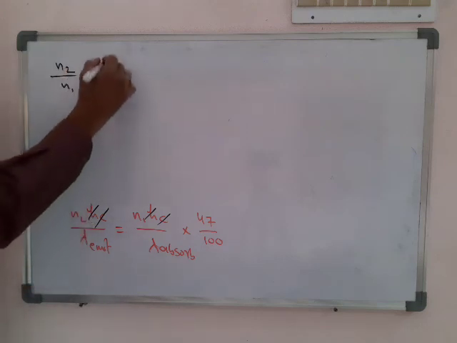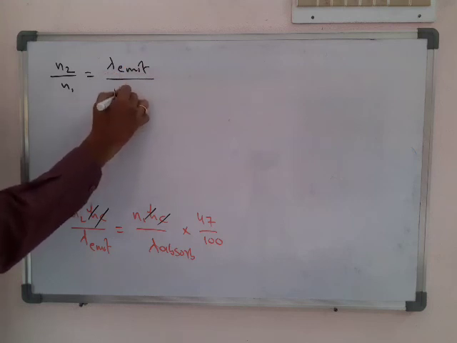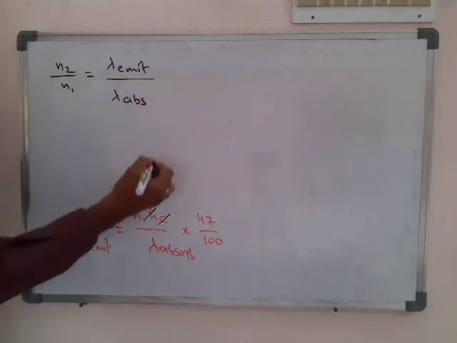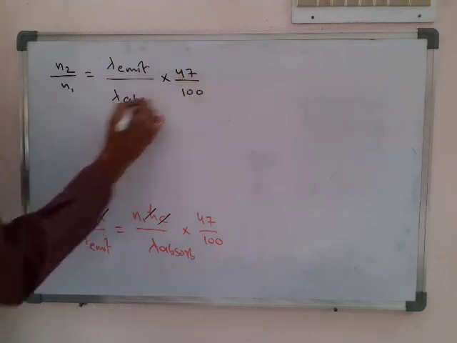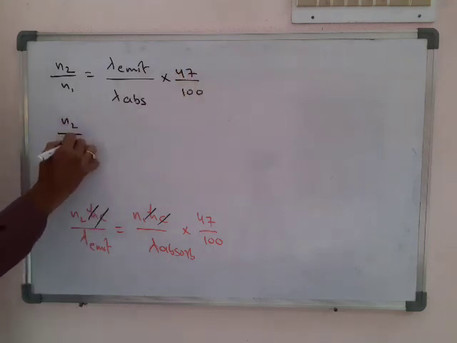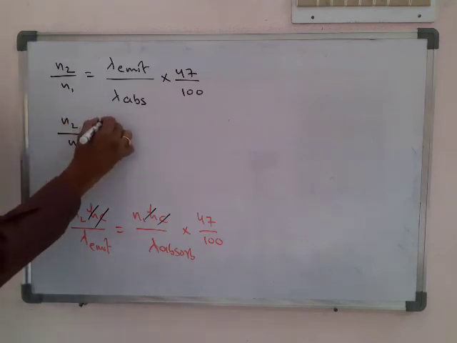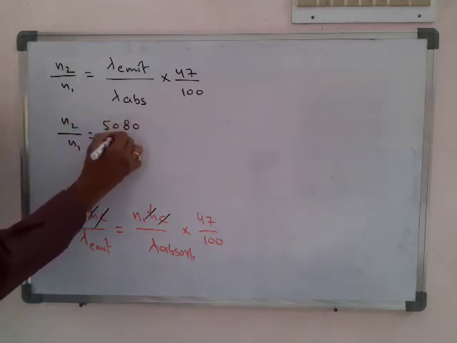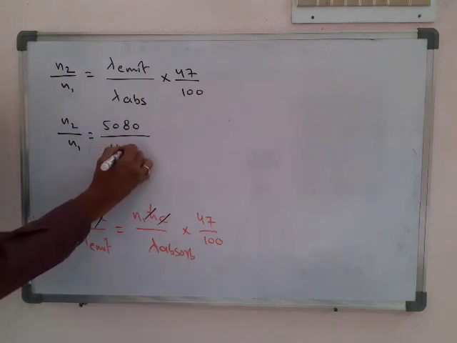So this n2 by n1 becomes the ratio of the wavelength of emitted light to the wavelength of absorbed light. So finally, lambda emit is given as 5080 by lambda absorbed, which is also given, 530.